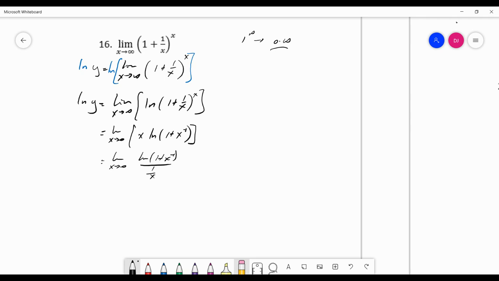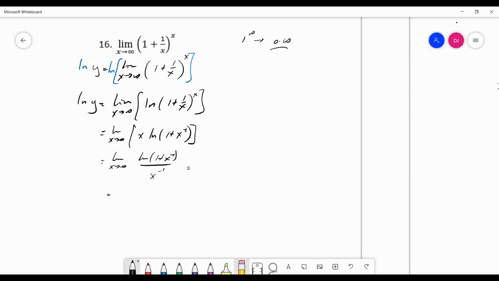Multiplying by x is the same as dividing by 1/x, and I'm going to write it as x to the negative 1. Now, as x approaches infinity, you'll notice that what we have is 0 over 0, which is indeterminate, and it is in a form that allows me to invoke L'Hopital's rule.